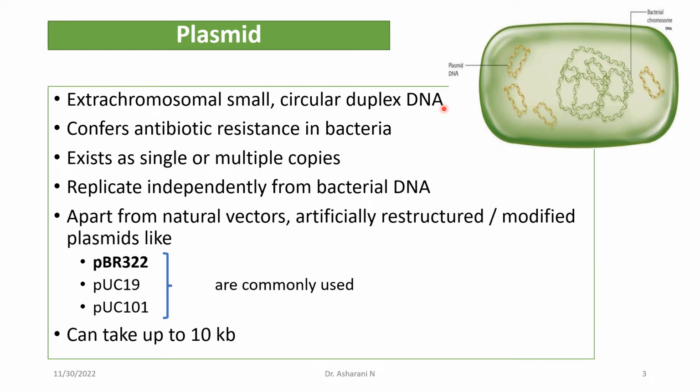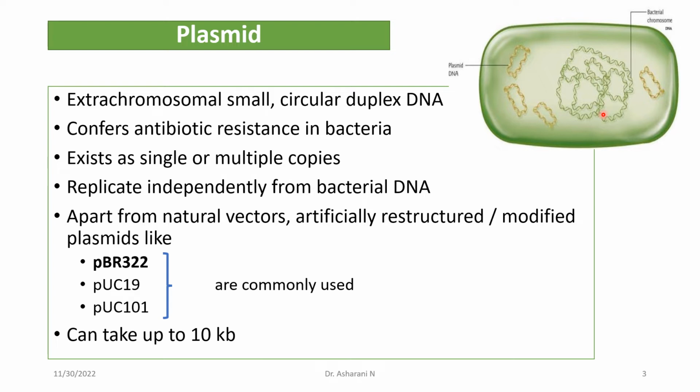They can exist as single or multiple copies. Sometimes they can be 10 to 20 copies per cell, and they have a special feature, that is self-replicating. So these plasmids can replicate independently from the bacterial chromosome or bacterial DNA.